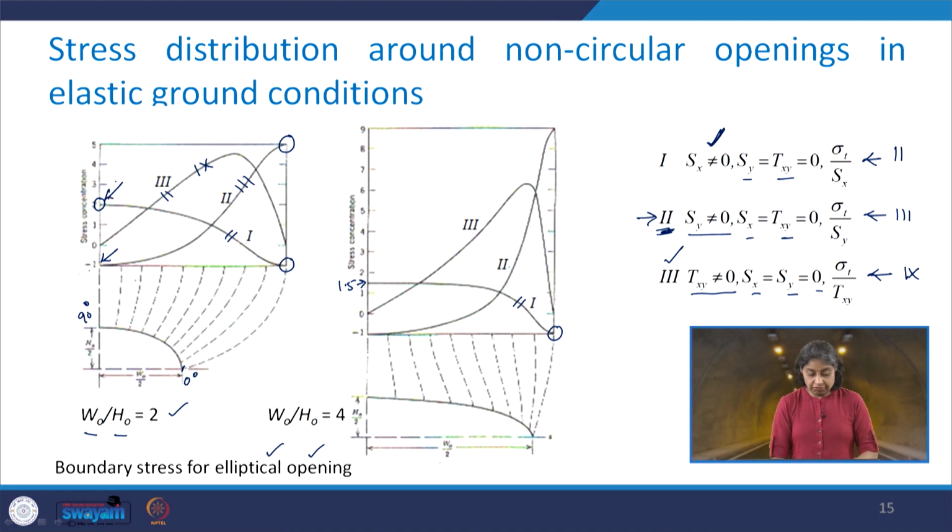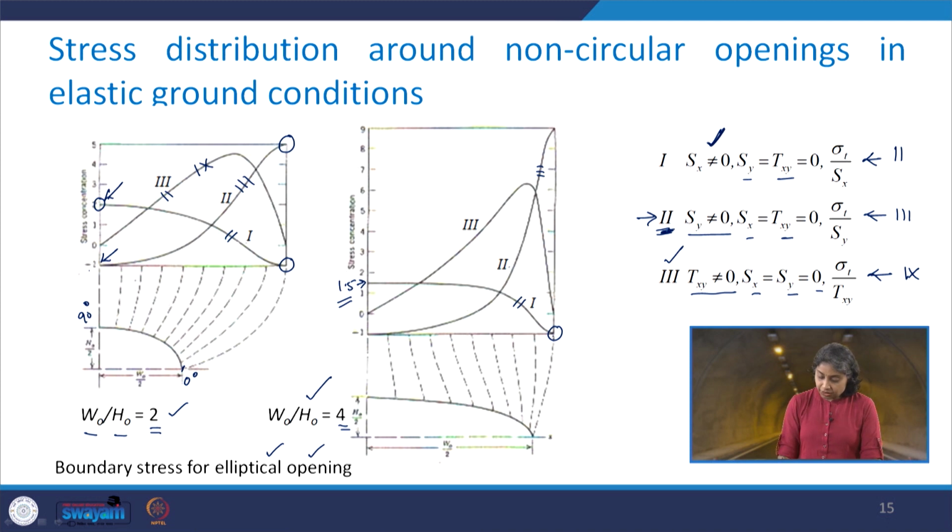So when W naught upon H naught is increased from 2 to 4, you see that the stress concentration factor at beta equal to 90 reduces from 2 to 1.5. And a similar type of comparison you can make for all the respective cases. For example, let us take case 2 here.